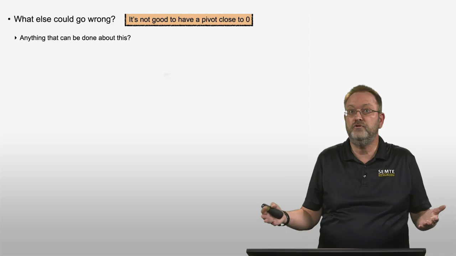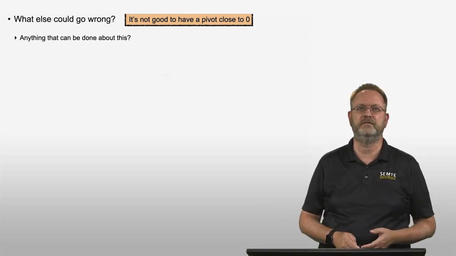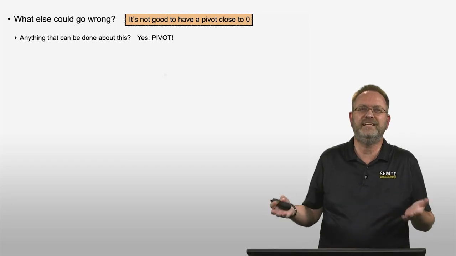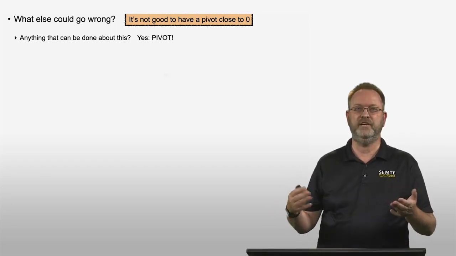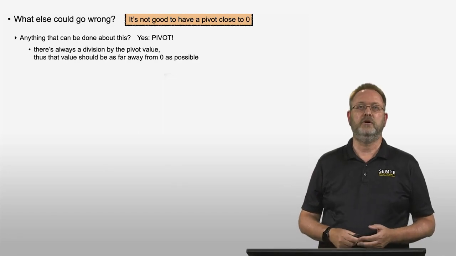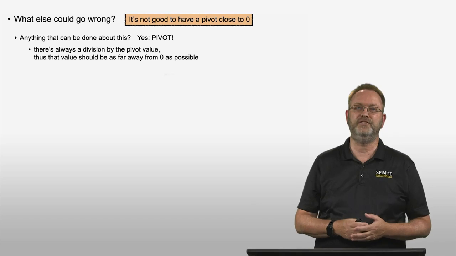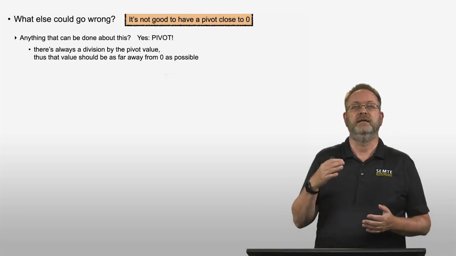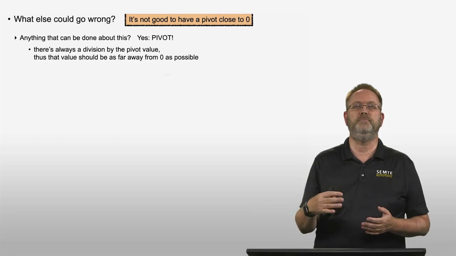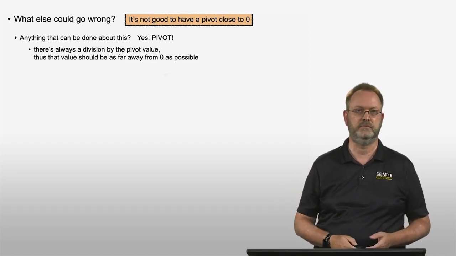So is there anything we can do about this? Can we avoid a small pivot? Well, fortunately, yes, we can. We just have to exchange rows. We have to pivot. Because we always divide by the pivot value in our algorithm, this pivot value should be as far away from 0 as possible.